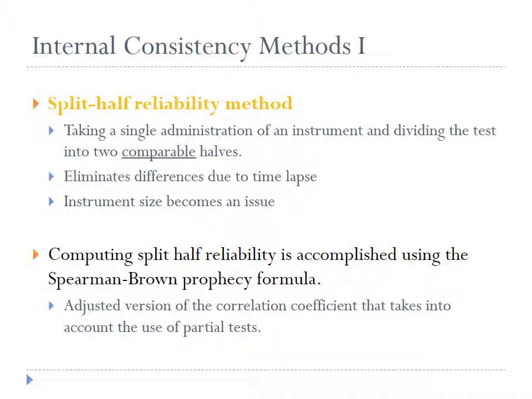The concern with using the split half approach is in sample sizes. Depending on the variables being assessed, you may need a much larger test to be able to accurately divide it into separate sections.